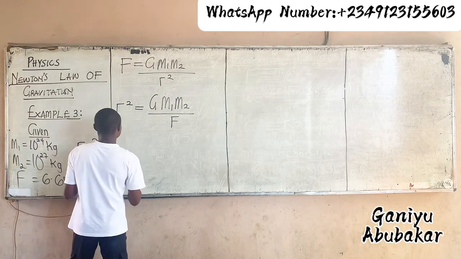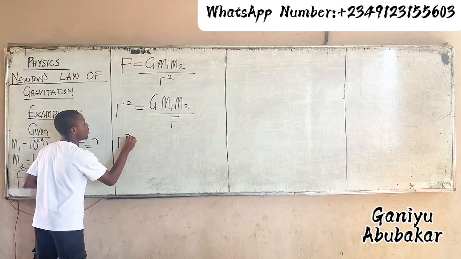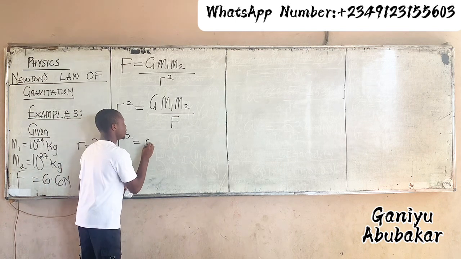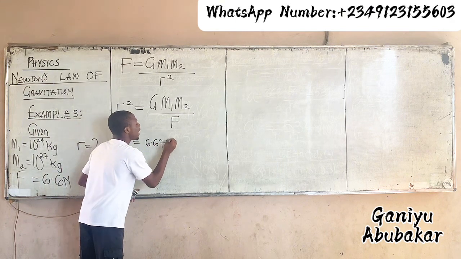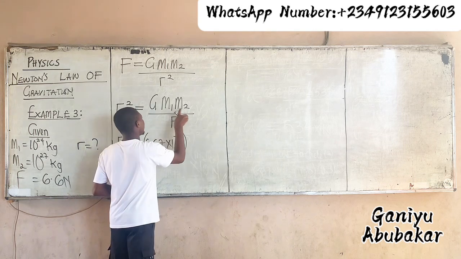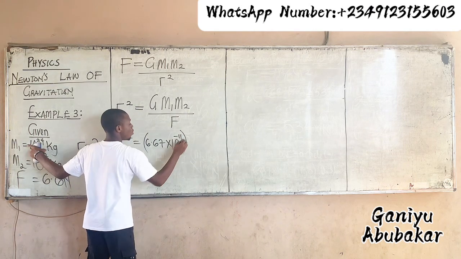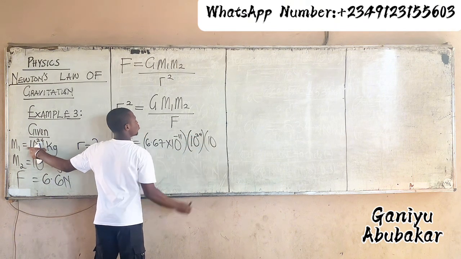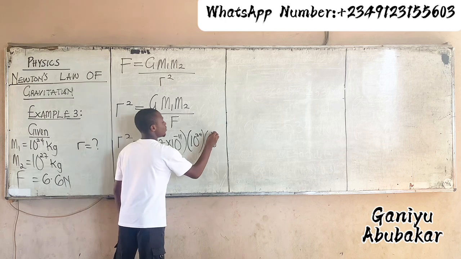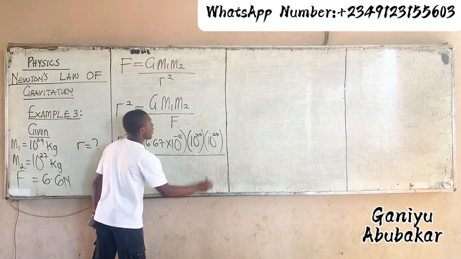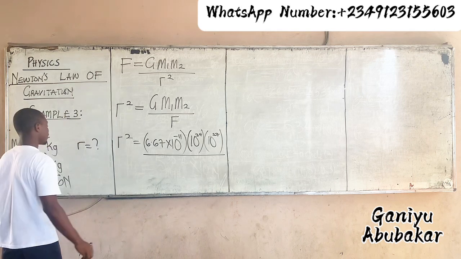From here, r squared is equal to G, the constant, that's 6.67 times 10 to the power minus 11, times m1 times m2. m1 is of course 10 to the power 24, m2 is 10 to the power 27, all over F. What's your F there? 6.6.